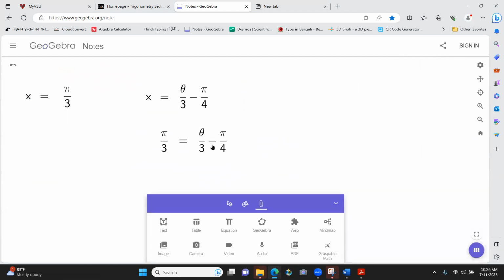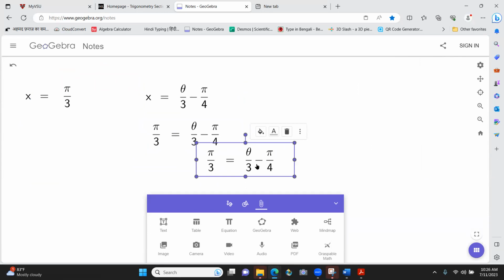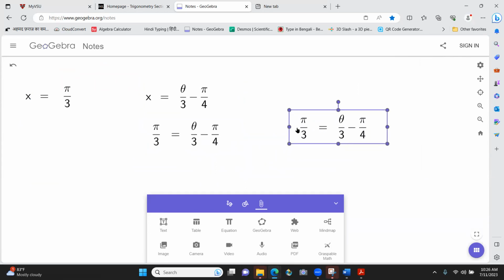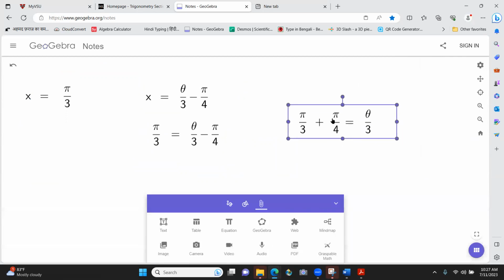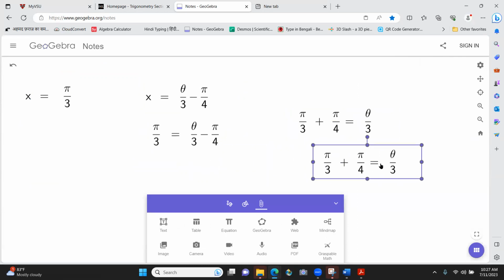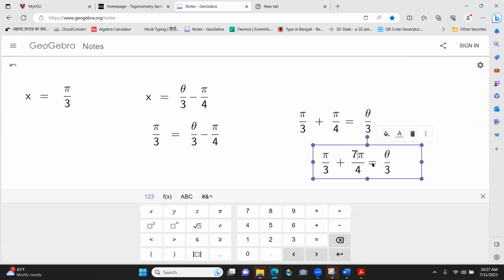Now, solving for theta, you add pi over 4 to both sides. And this, you multiply both top and bottom by 4, you multiply both top and bottom by 3, and you're going to get, in the bottom, 12, on the top, 7.